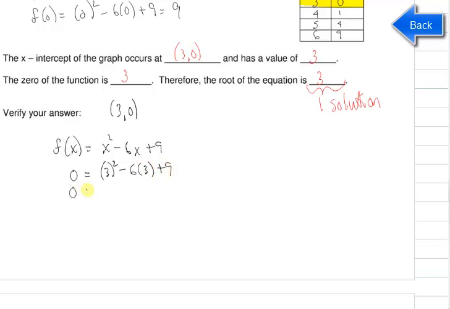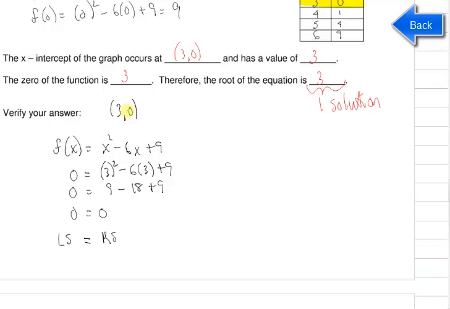And so we get that 0 is equal to 9 minus 18 plus 9, which leaves you with 0 is equal to 0. So remember, when you're verifying, you want the left side of your equation to equal the right side. So we've shown that the left side is 0 and the right side is 0. So we have verified that our solution 3, 0 is indeed the right answer.